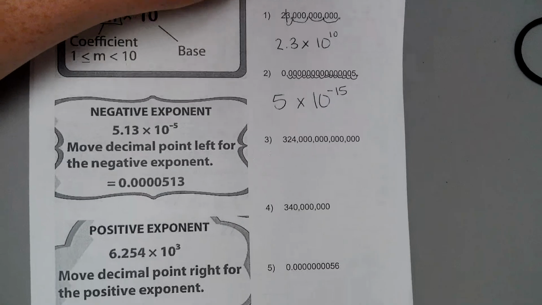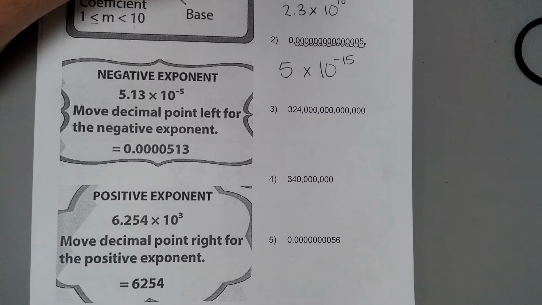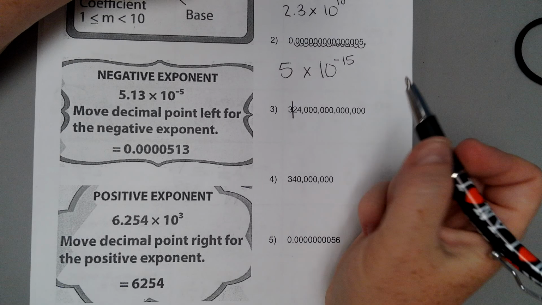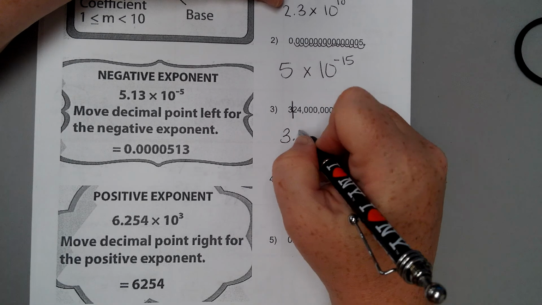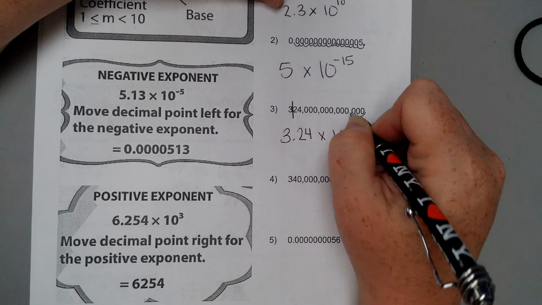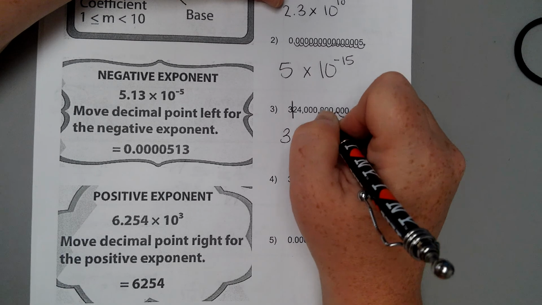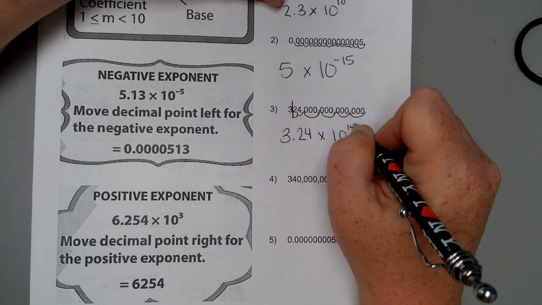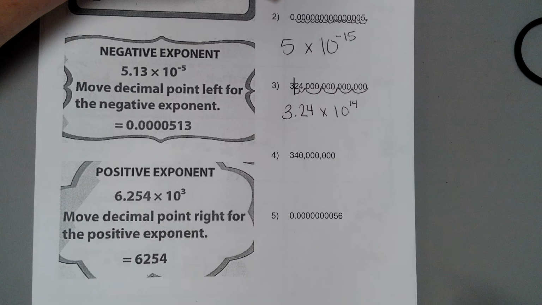We got 3 more that I'll do with you guys. This one, our decimal will go here, because our number needs to be less than 10, greater than 1. So 3.24 times 10, and there's 3, 6, 9, 12, 13, 14. Number 4, our decimal will go there.